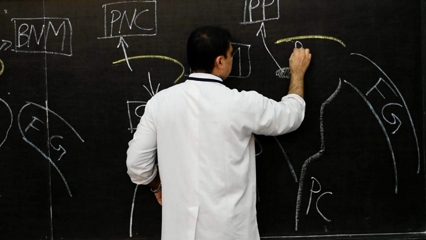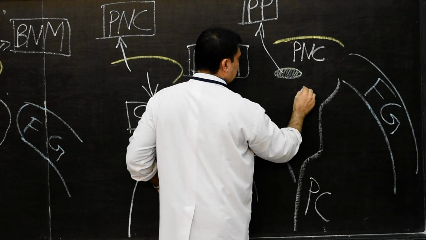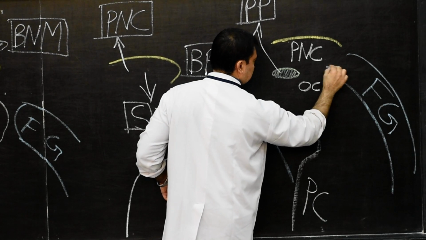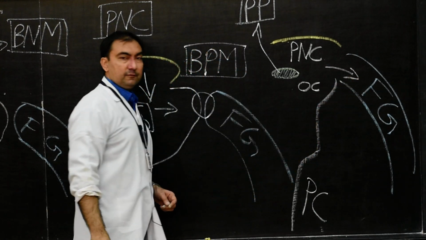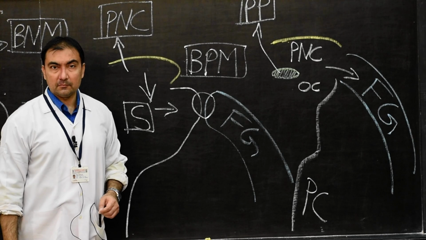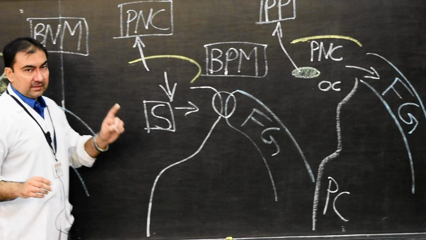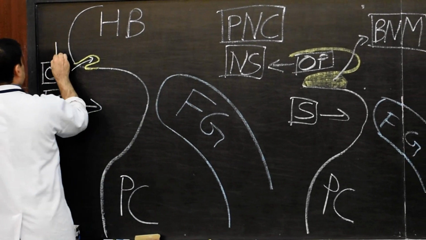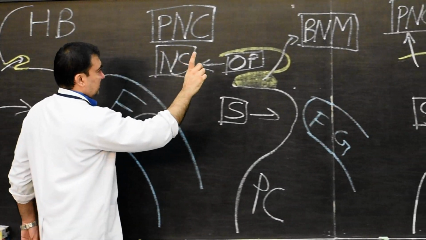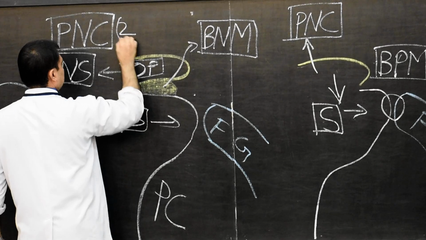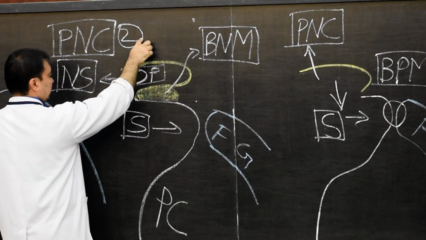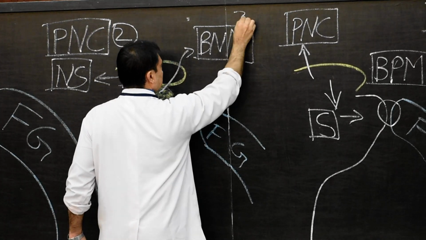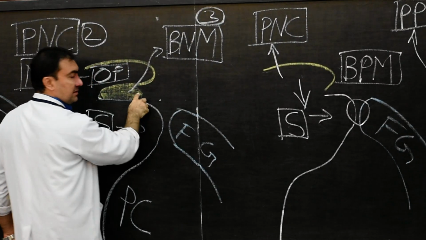This is of course the primitive nasal cavity, and this is now the oral cavity, and this is where it will communicate with the foregut. So once again, if you start from here, this is our olfactory pit, first stage. Number 2, primitive nasal cavity or nasal sac, second stage. 3, bucconasal membrane, this is the third stage.